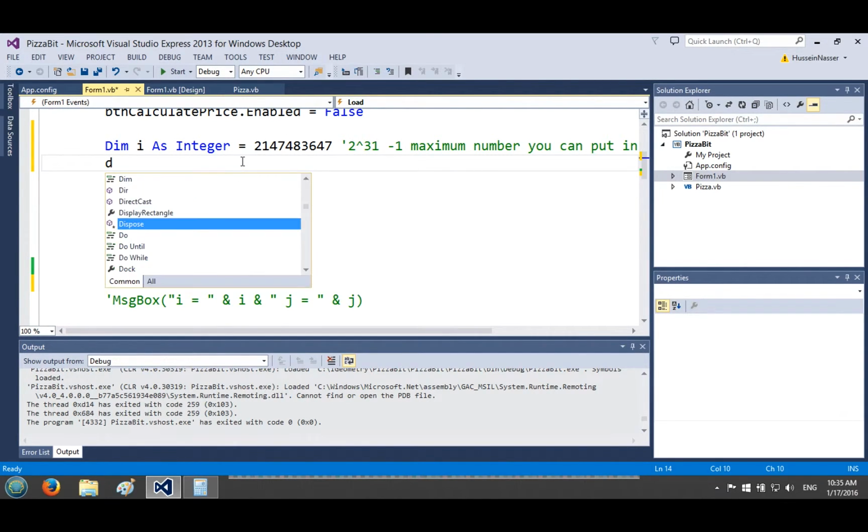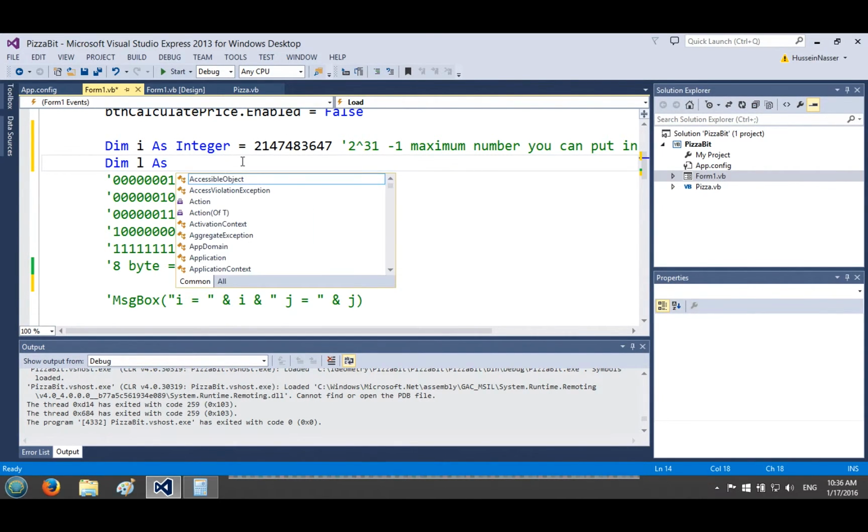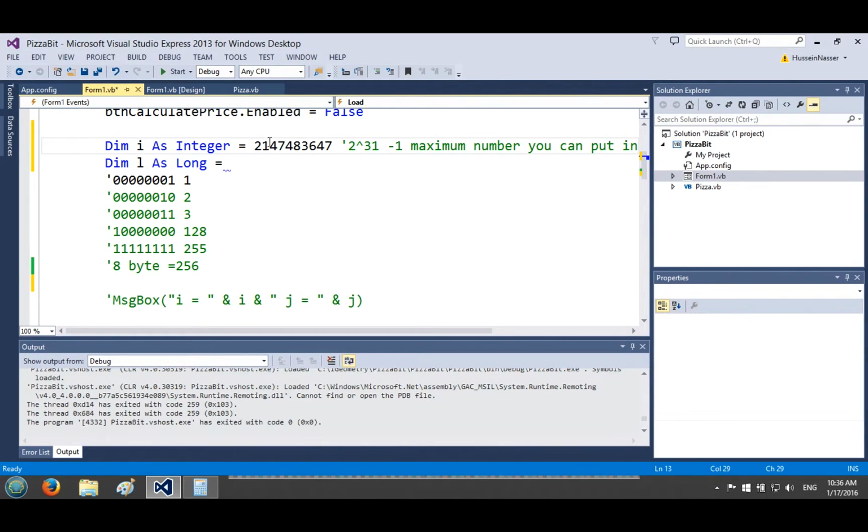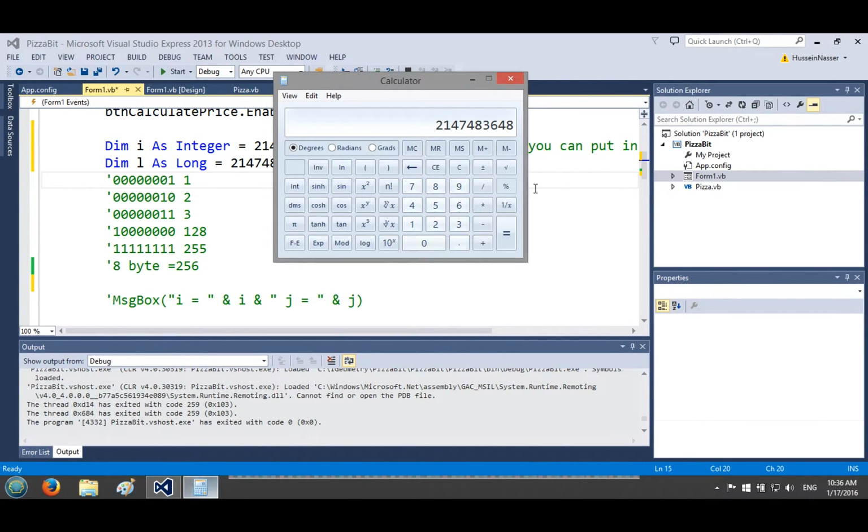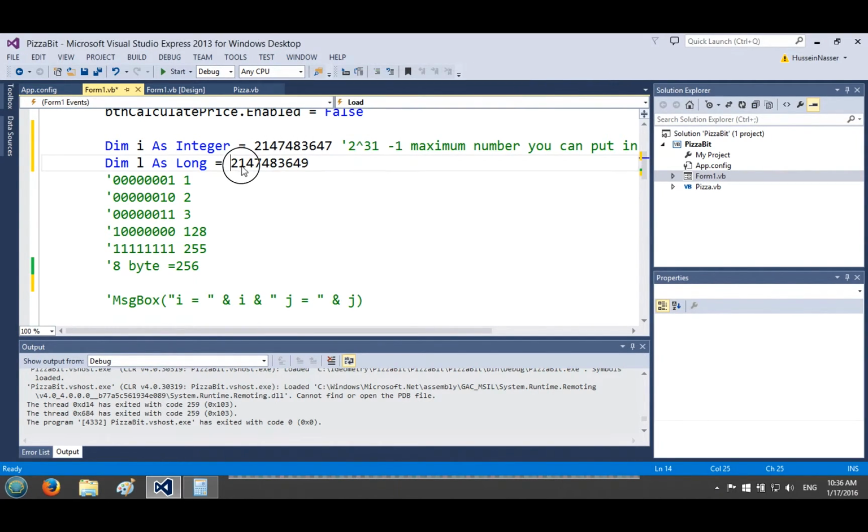How about long? Obviously you can put this value in a long. You can increase it, it doesn't matter, because we can hold up to 2 to the power 63, minus 1 bit. 2 to the power 63 is the largest number you can put, but that will generate an error.